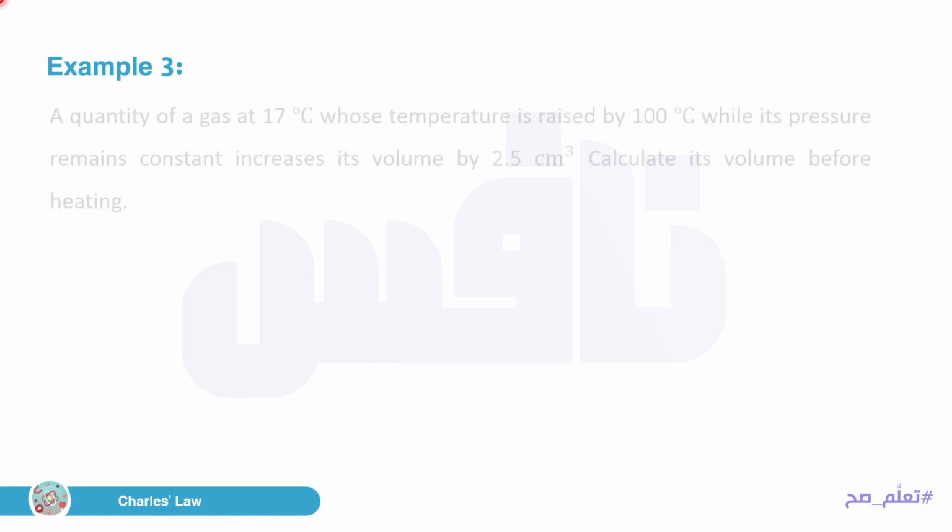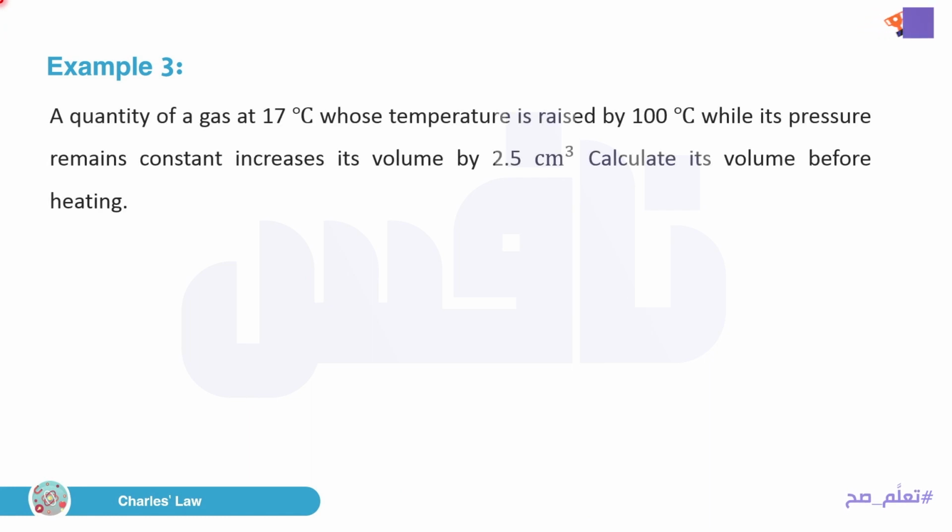Example number 3. A quantity of gas at 17 Celsius. Don't forget, we also add 273. Why? Because we work with absolute temperature, which is Kelvin.